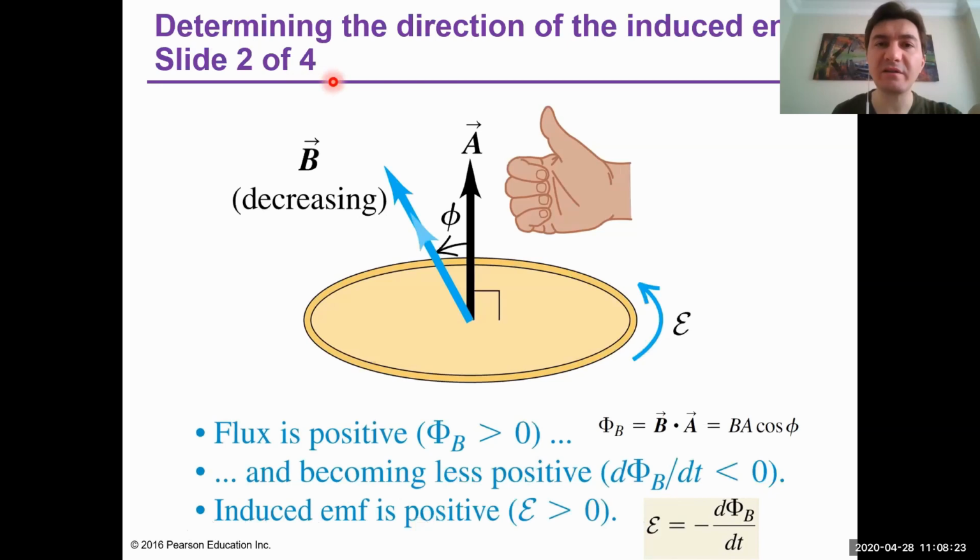Now let's have a look at the second situation. Here we have again flux given with that expression. B is this one, A is this one, and we have phi angle between 0 and 90 degrees. Then cosine phi will be positive, so flux is positive. But what about the change in the flux?